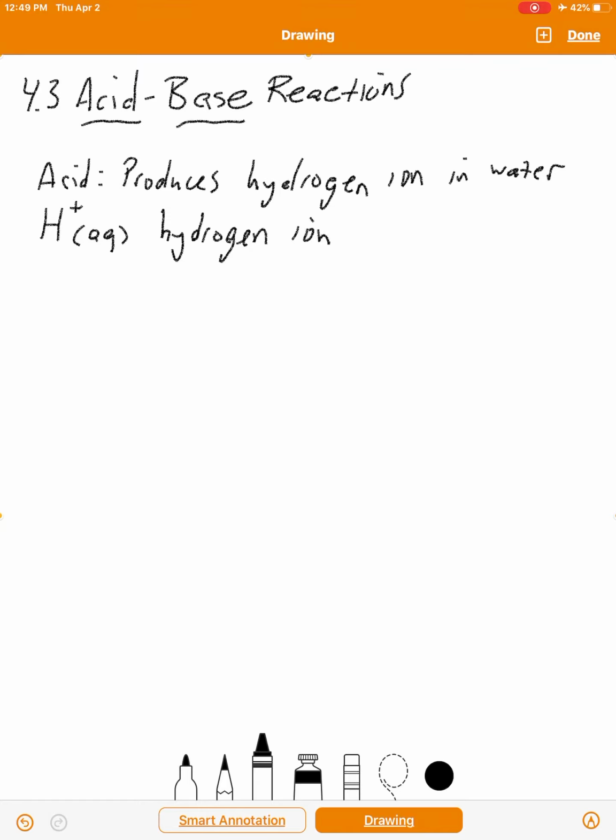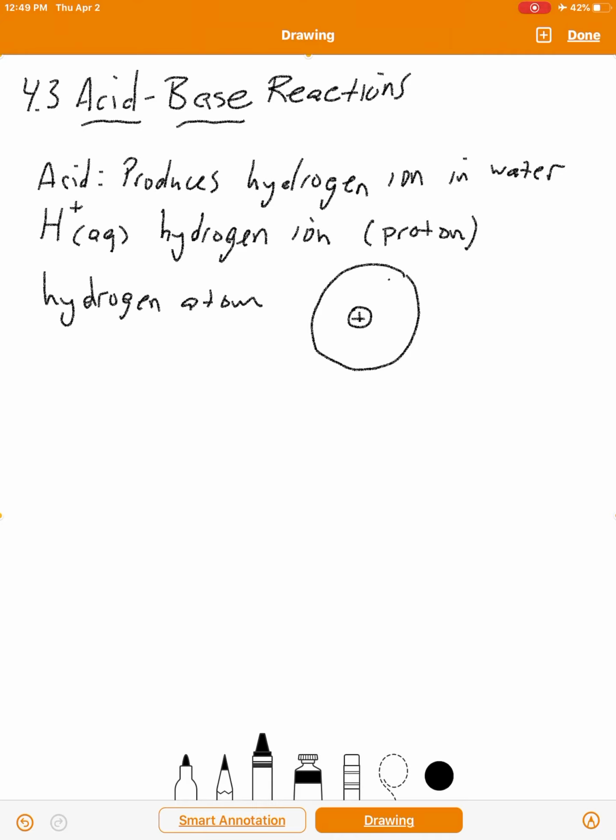It is also referred to as a proton. Now, why would we call it a proton? The proton is a subatomic particle. It's part of the nucleus, right? But here's what happens. If you think about a hydrogen atom, a hydrogen atom is a nucleus that typically has a proton, and then outside of the nucleus is the electron, in orbit around the proton.